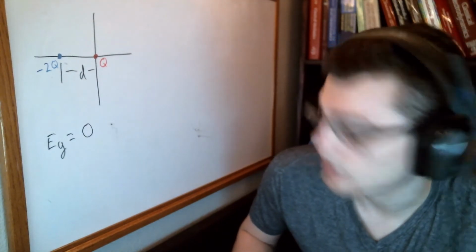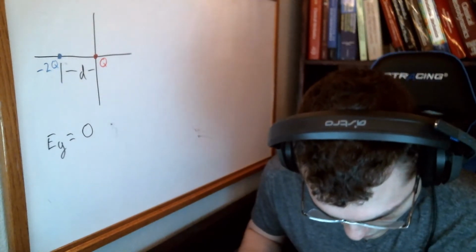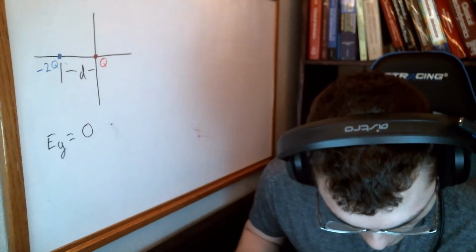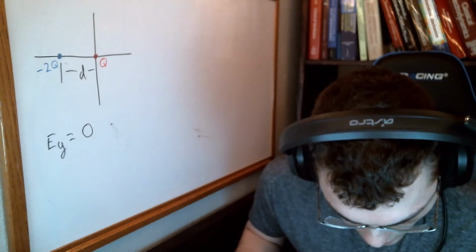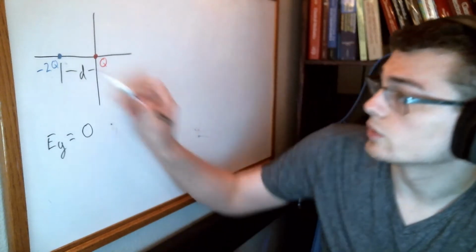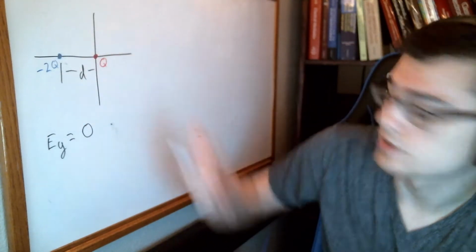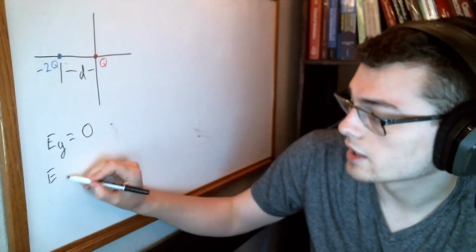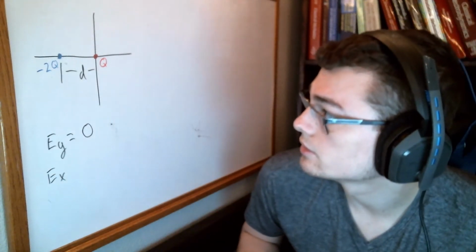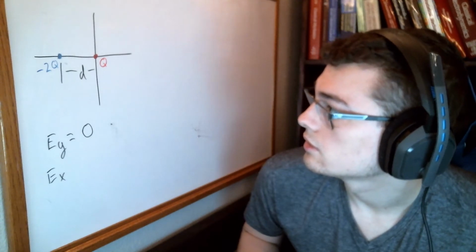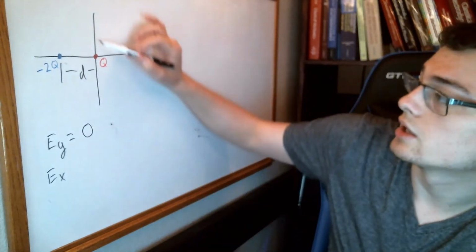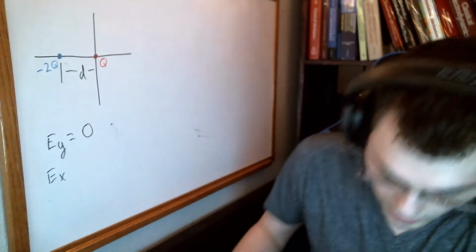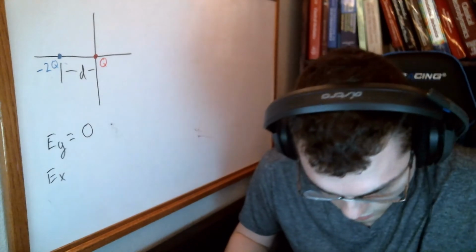In this example, I believe we are trying to find the point at which there is a 0 field, so we are looking for where Ex is also going to be equal to 0. Obviously, these charges radiate fields in other directions, but we're only going to be considering this in one dimension just to make it a little bit easier.